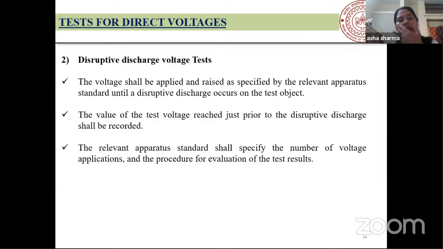Again, in the same way as we did for the high voltage AC, the voltage is applied and raised as specified by the relevant apparatus standard, and then the value of the test voltage before the disruptive discharge will be recorded. If the disruptive discharge occurs, it means that particular insulation unit is not good enough to be used.